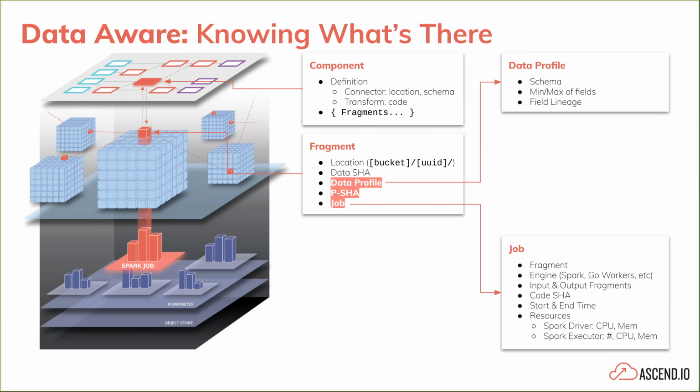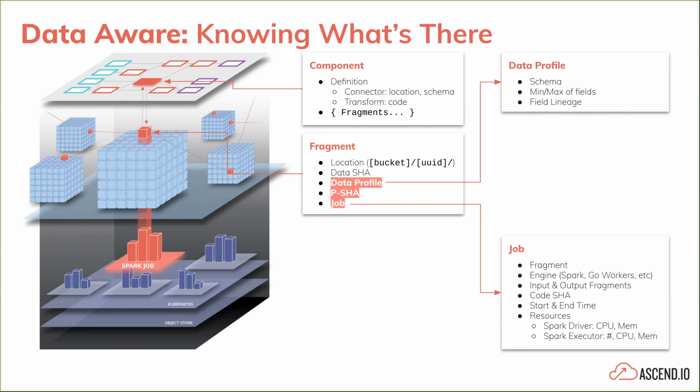What input fragments were used to create that output fragment? What code was used as part of that job? And of course, as you can imagine, we SHA that too. And how long did it take? How many resources did it use? All this kind of meta information that we can use as part of the control plane to figure out how to execute the next job or what next job needs to be done.